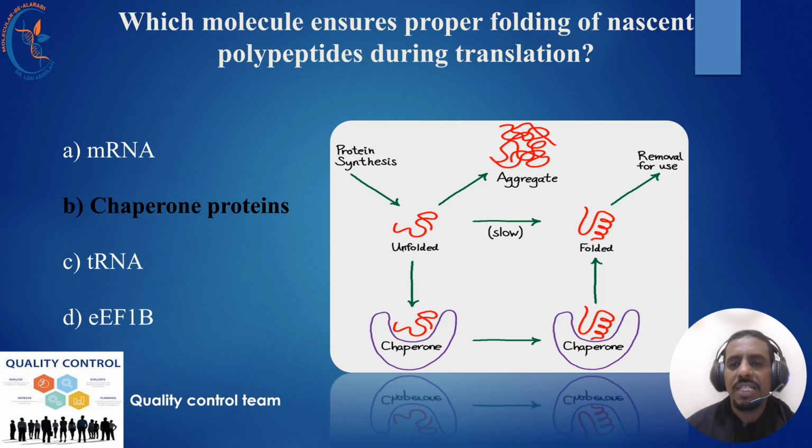Actually, during translation, when new proteins are being made, chaperone proteins help them fold correctly. Okay? Think of it like making sure a piece of string is neatly folded instead of tangled. So, without chaperone proteins, the new proteins may not fold properly, which can cause problems for the cell. All right? So let's move on.